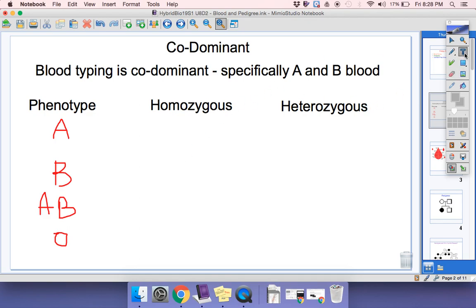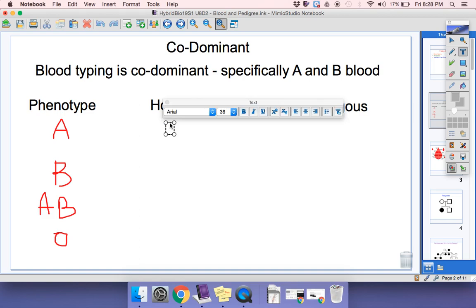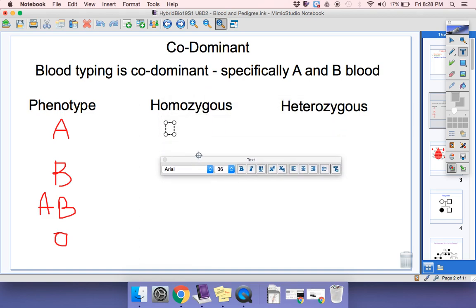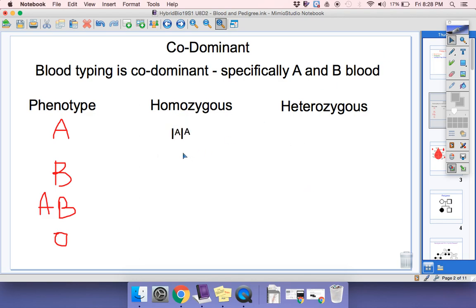So since A is one of the codominant ones, we're going to use a capital letter I, and then you would do a subscript A, or superscript A. So if one parent gives you an I, A blood type, and the other parent gives you an I, A blood type, you'd be homozygous A blood. Both parents gave you A blood.